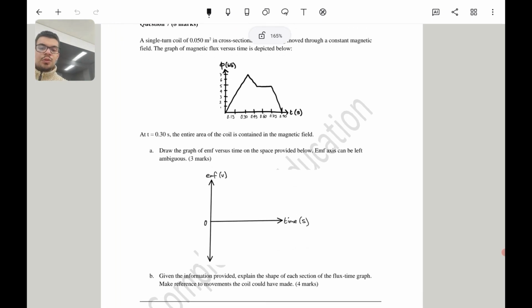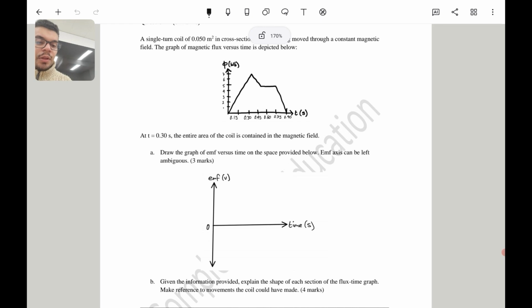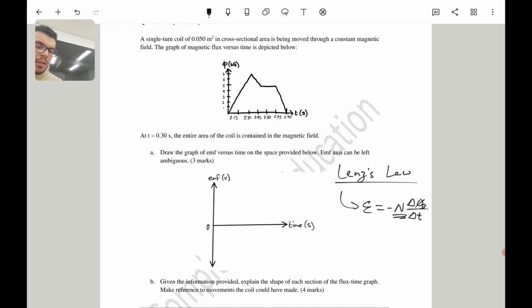Okay, sure. So now for this question, guys, we have to look at our Lenz's law expression. So Lenz's law tells us that the EMF is equal to negative N delta flux over delta t. Now this N over here we can ignore because we're not looking at the y values. So we can simply say that the EMF is proportional to negative delta flux over delta t.